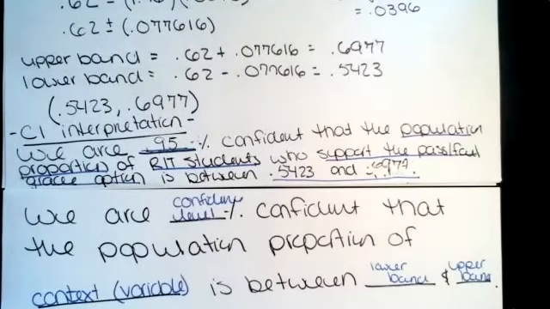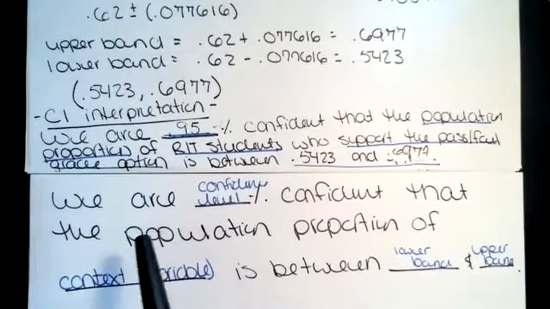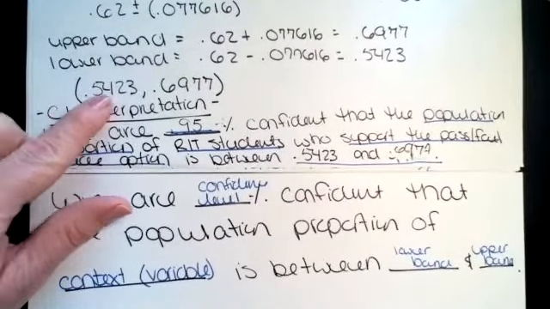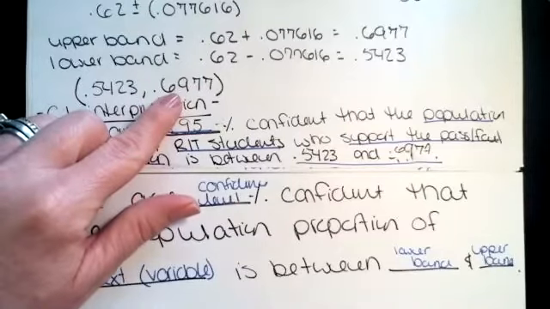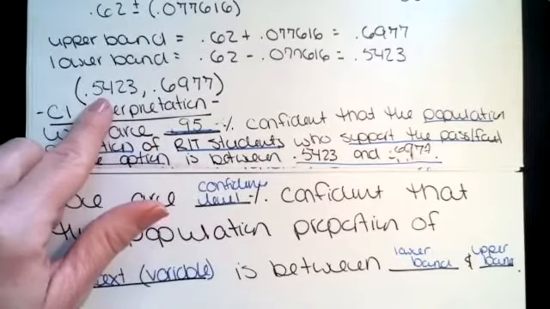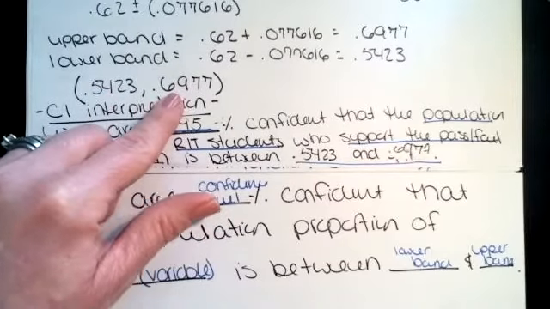So what does this mean, right? So this is a statistical conclusion, which is fine, but what does it mean if you're actually just going to talk to someone, right? Maybe you want to talk to your roommate and say, oh, I did this study. So what it means is that between 54% and almost 70%, right? 69.77, so like 70%. So between 54 and 70% of RIT students support that pass-fail grade option.